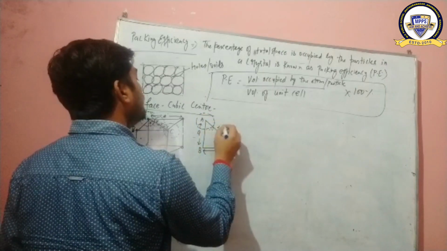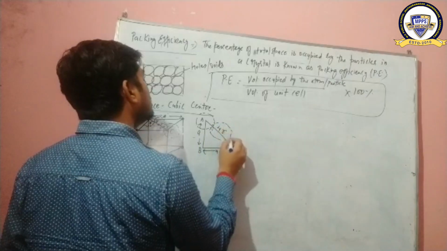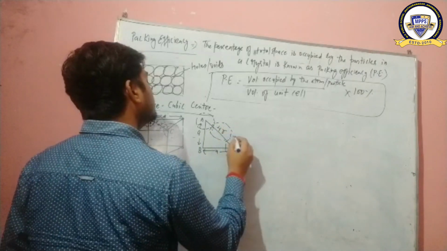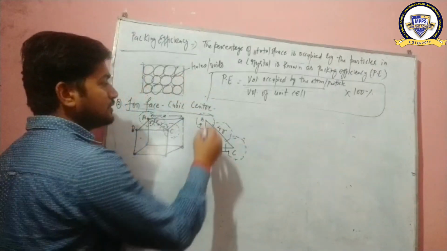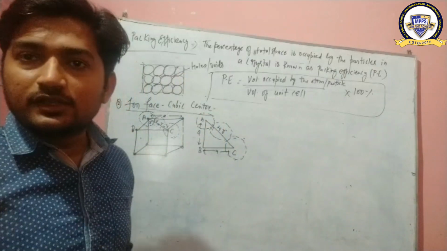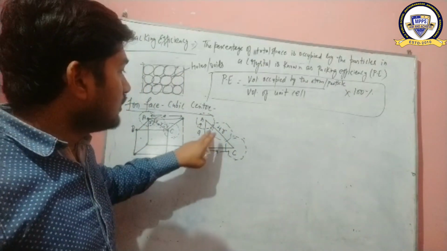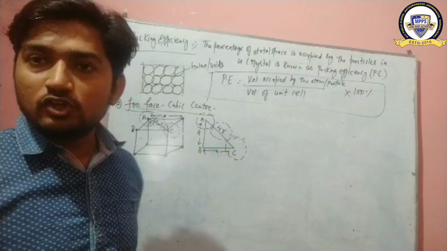If you look at the structure, what you get? The value of AC is 4r.